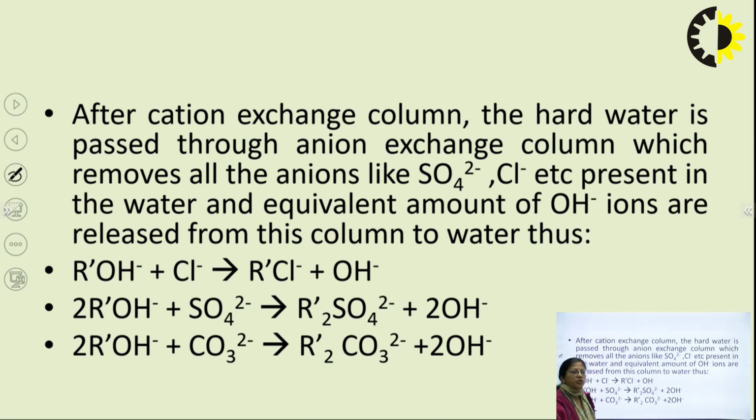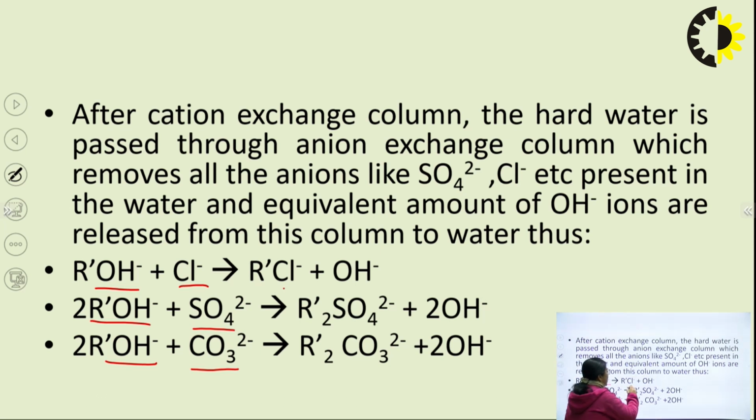After the cation exchange column, the hard water is going to pass through the anion exchange column, where all the anions are going to get removed, like sulfate ions or the chloride ions, which are present in water. And an equivalent amount of OH- is released from this column into the water. So in the exchange reactions here, you can see the anion exchangers exchanging different anions: chloride ions, sulfate ions, carbonate ions.